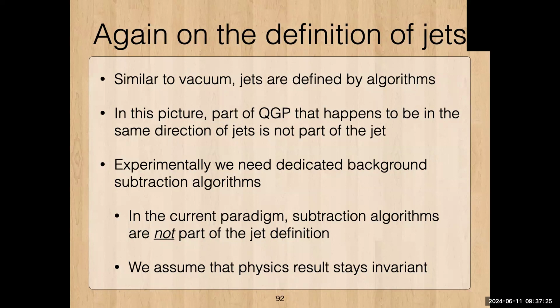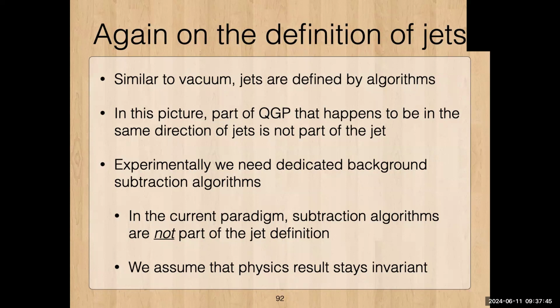For the measurements right now, the subtraction algorithm is not part of the jet definition, unlike the clustering algorithm. That's just how people currently choose to do it. In the future, it may change. We will see, but this is what it is right now.